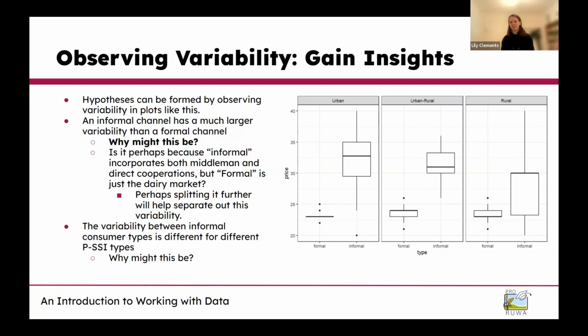The variability is much smaller for urban, rural, informal streams than it is for urban. Why is this? Is this due to less data, more data? Is this because we're only looking at middleman and we don't have any directs in here? Is this because we only have direct markets here and we have no middleman? And so forth. We can really observe and gain these insights by questioning it at this stage.